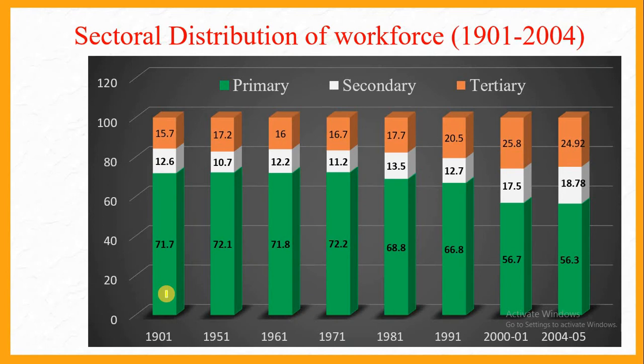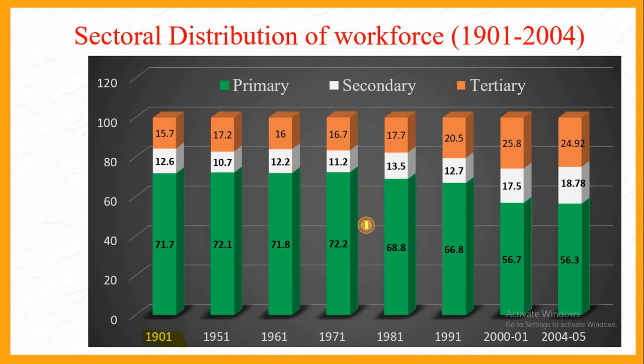Let us see some statistics of it, okay? So this, I have taken statistics from 1901, long back. You see nearly 72% of the people depended on agriculture during that time. Then again in 1951, 72, kept reducing. Because after independence, we started growing, isn't it? It kept reducing.